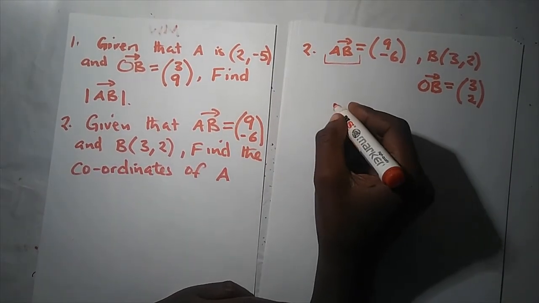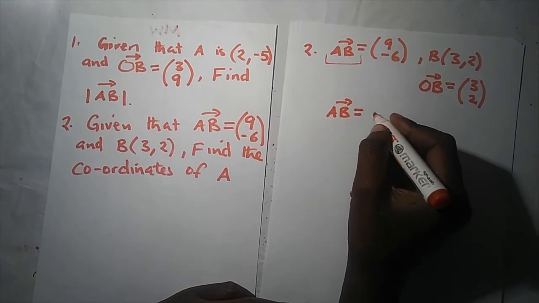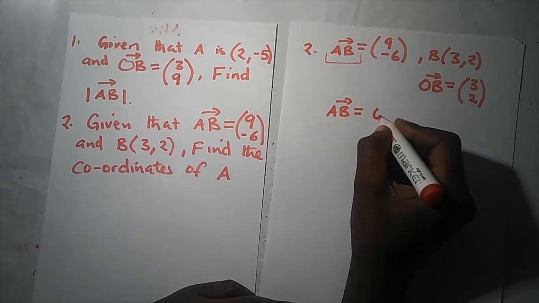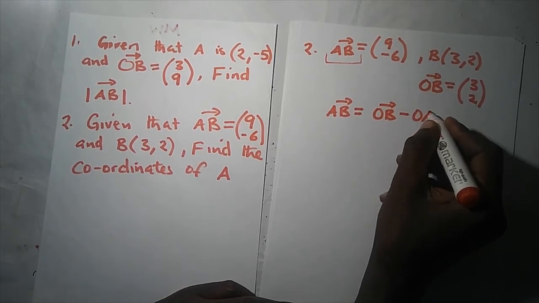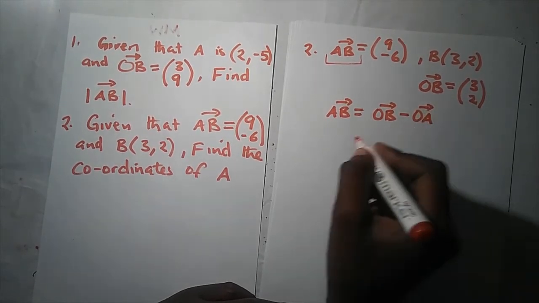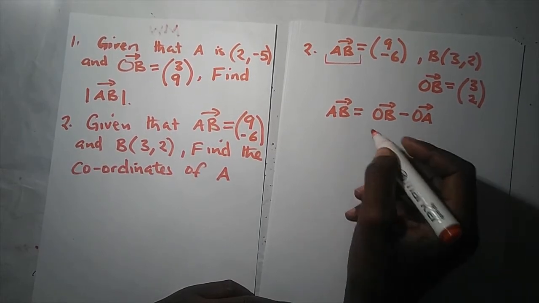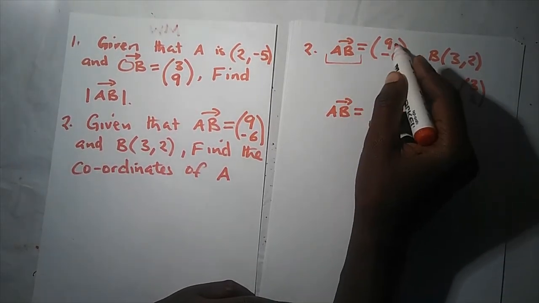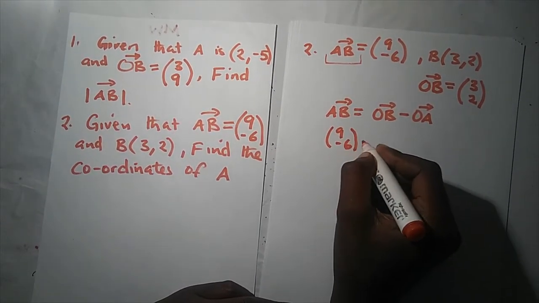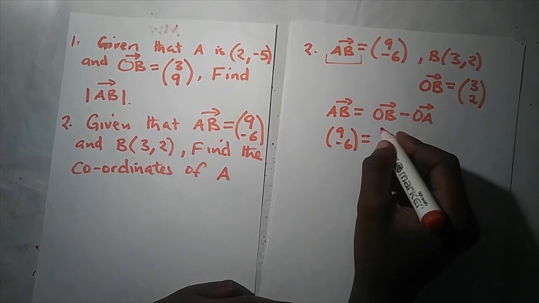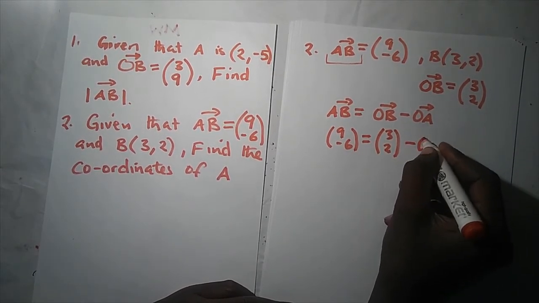So AB is equal to OB minus OA. Okay, and then we are going to substitute now. So our AB is 9 and negative 6, our OB is 3 and 2, minus OA.